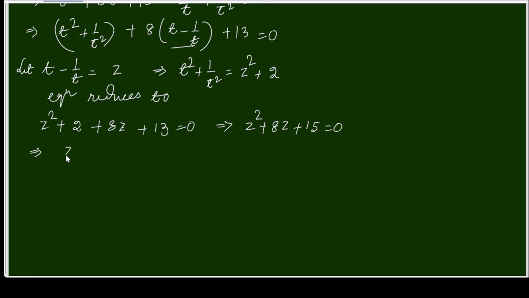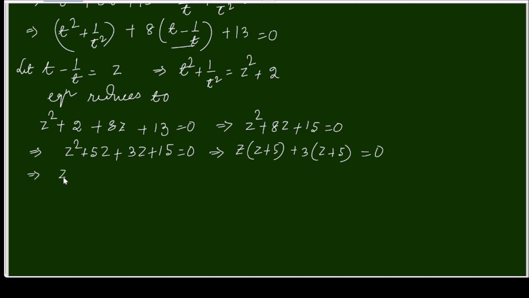Splitting the middle term, I will get z^2 + 5z + 3z + 15 = 0. Taking pairwise common, z(z + 5) + 3(z + 5) = 0, or (z + 5)(z + 3) = 0.